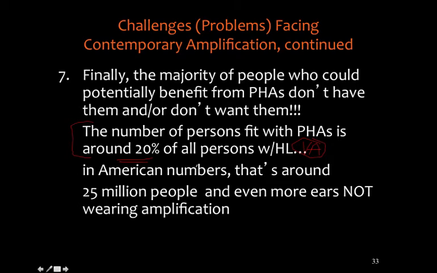So only about 20% of persons who could benefit from hearing aid fitting actually have hearing aids. And so we're talking about this population of what's called the unamplified. In American numbers, that's about 25 million people and even more ears, because most people have 2 ears. So that's a lot of potential hearing aids that could be fit. And again, there's more and more of those ears every year due to the aging population.